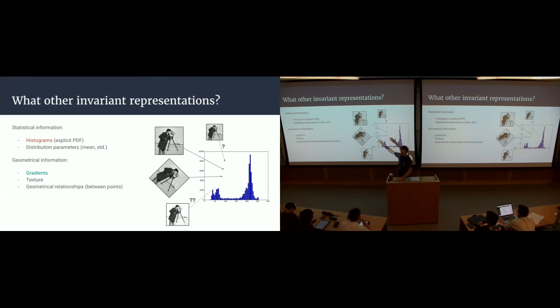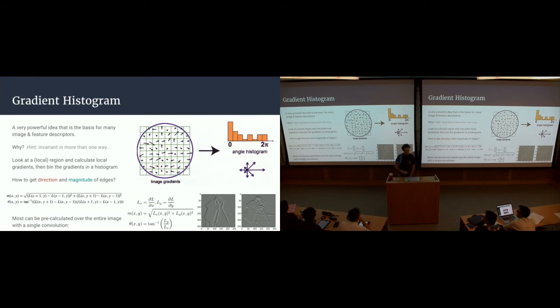So what do we do? Histograms are good, gradients are good. Next step: a histogram of gradients. This is one of the most transformative ideas in computer vision that, since it was quote unquote discovered, became huge in computer vision.